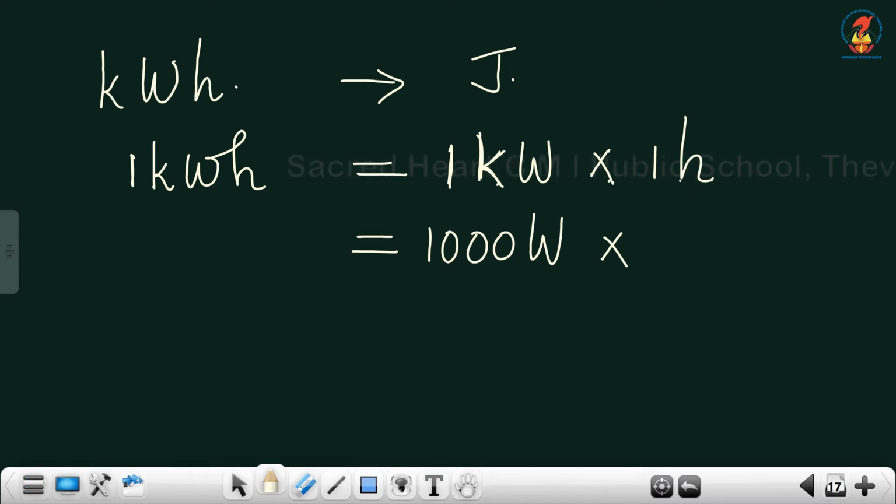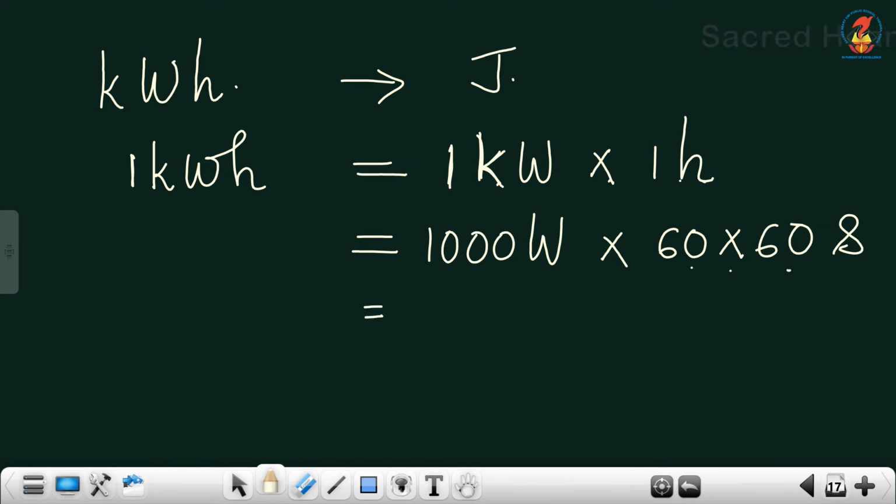To convert hour into seconds, we multiply 60 into 60. To convert kilowatt into watt, we multiply with 1000. So 1 kilowatt is 1000 watt and 1 hour is 60 into 60 seconds.